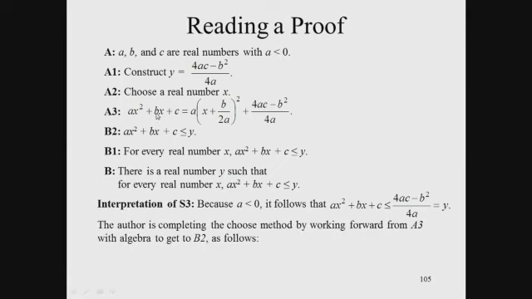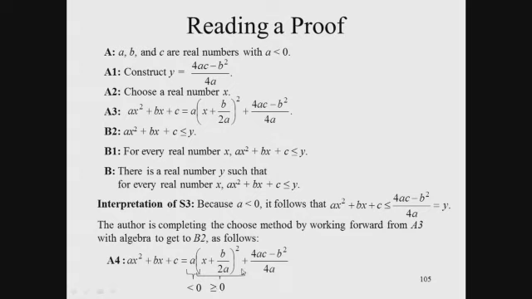The author needs to use algebra to go from A3 to B2. And so let's look at the algebra. From A3, we already know that ax squared plus bx plus c is equal to this big expression. That's already known from A3. Now, what do we know about a? It is less than 0. A is less than 0. And this number squared is always greater than or equal to 0. So negative times positive is negative.